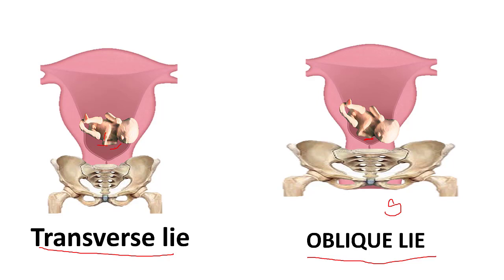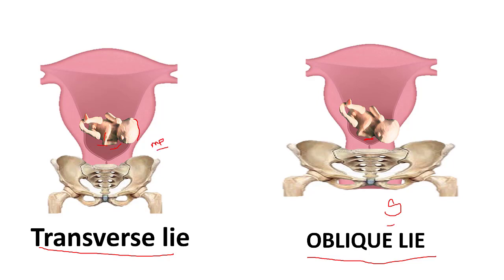So the presenting part will be abnormal, because the normal presenting part is the vertex. Vertex should first come into the maternal pelvis, but in transverse lie, the shoulder, back or the ribs will first come into the maternal pelvis. So in transverse lie, there will be malpresentation.